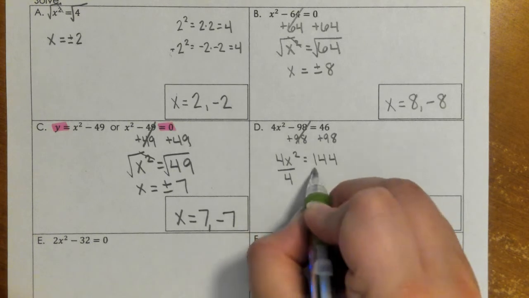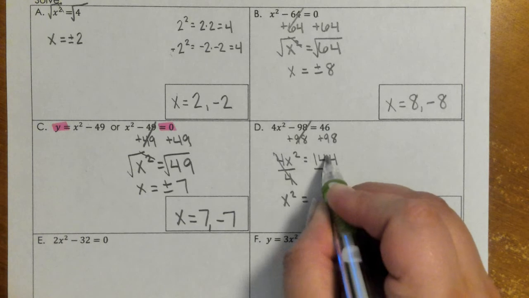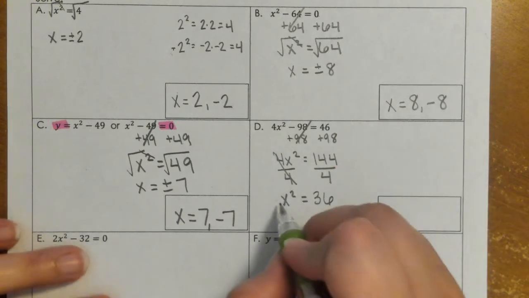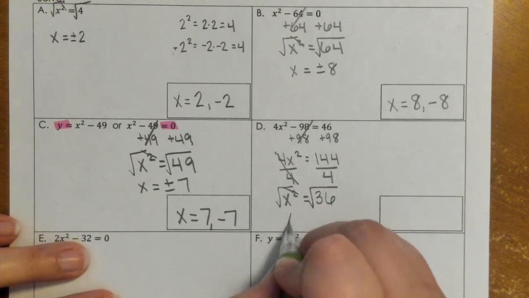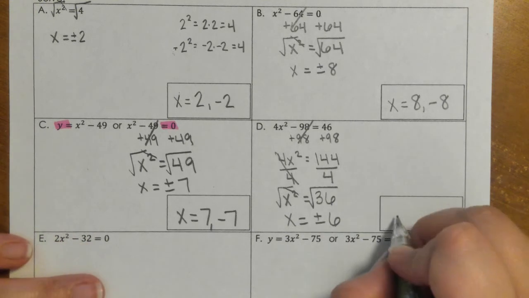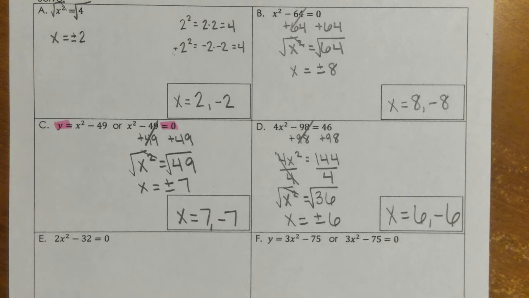So let's divide by 4. So if we divide, we get 36. Last, we square root both sides to get rid of the exponent. And this would be plus or minus 6. So x equals 6 or negative 6.